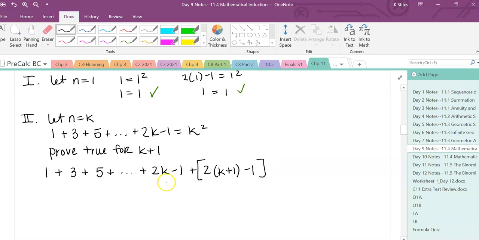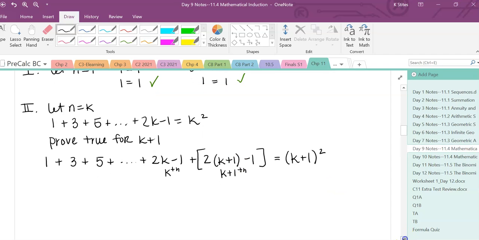So we just took the kth term, and this is term k plus 1. We just substituted a k plus 1 in for k. And now on the other side, your k is becoming a k plus 1. All right, so again, the right you're going to leave alone. The left you can go ahead and simplify if you would like.